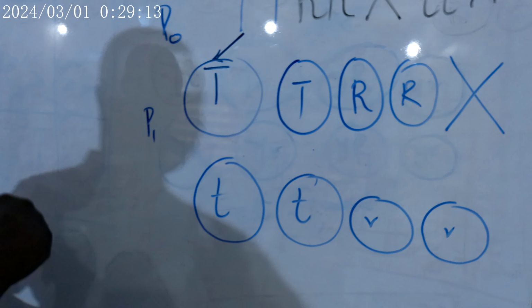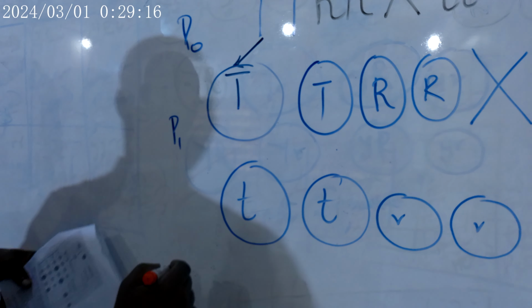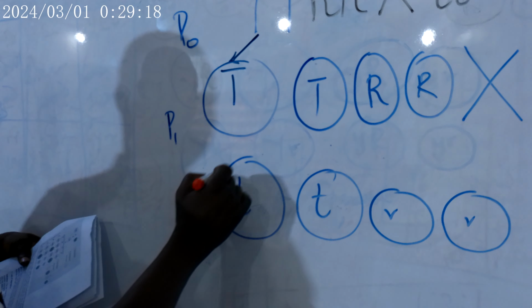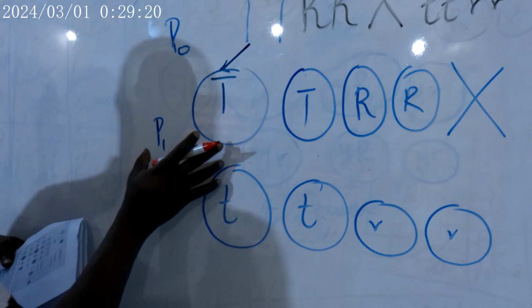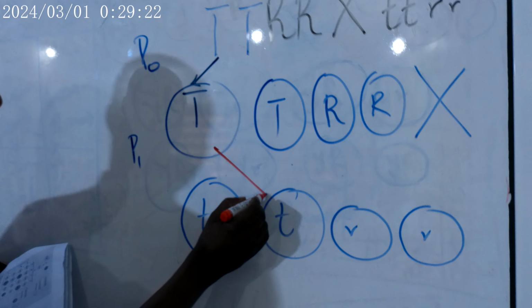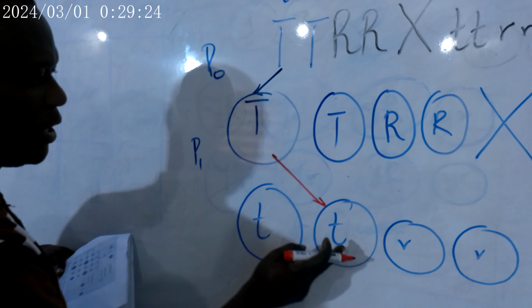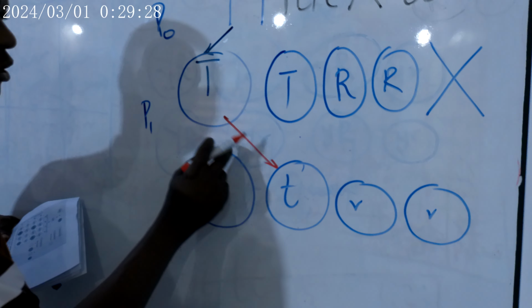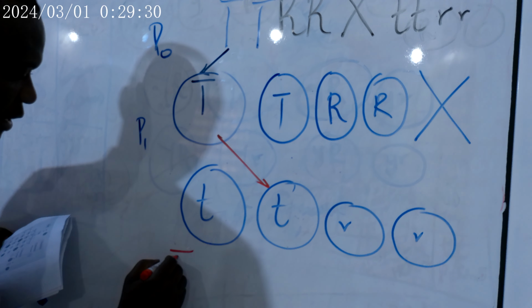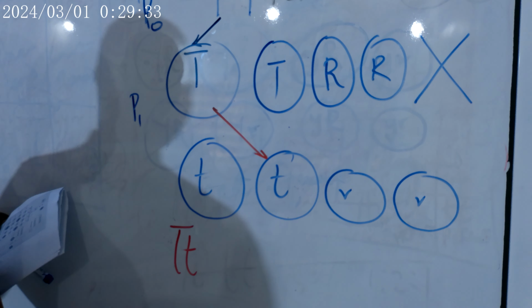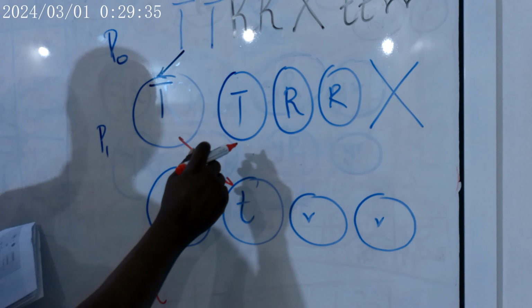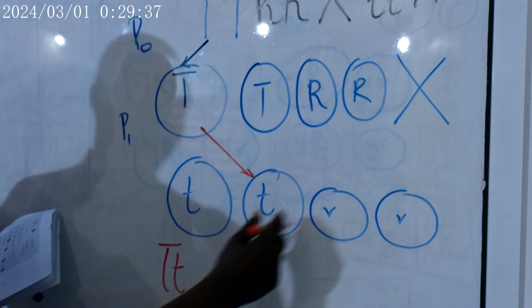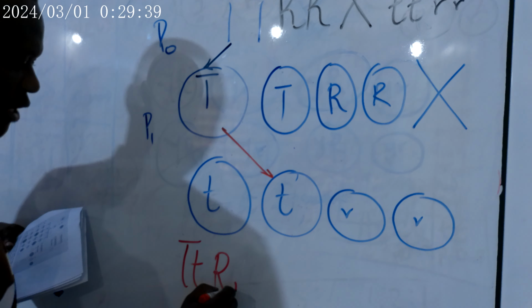Now, what that is telling us is that, don't forget that you can pick this one. This is number one. You are picking number two here. So it's going to be capital letter T, small letter t. And if you pick this one, you cross it with this one as well.